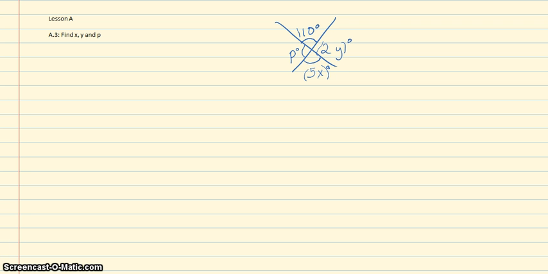I'm going to use the fact that 5x would equal 110 degrees because they're vertical angles. So here I'll just divide both sides by 5. Remember, don't divide by the x, we want to leave it there so it'll be by itself. So here we'll have x equals 22.